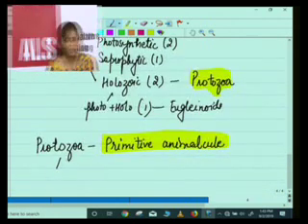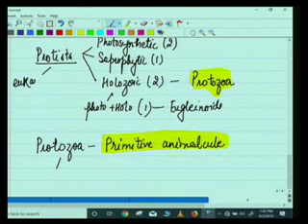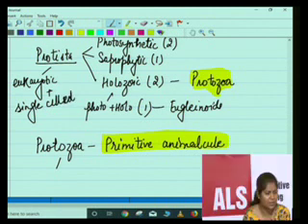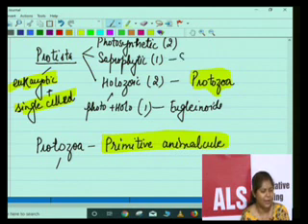And what kind of members are placed in Protista? If you talk about protistans, all of them are eukaryotic, plus they are single celled. So any organism, if it is eukaryotic and possesses a single cell, was placed under Protista. Okay. So in saprophytic we are having slime molds.